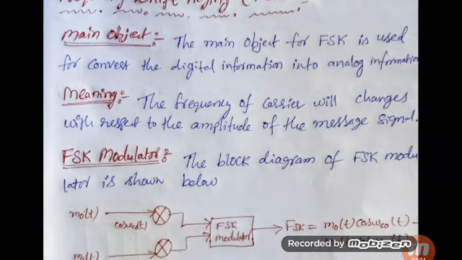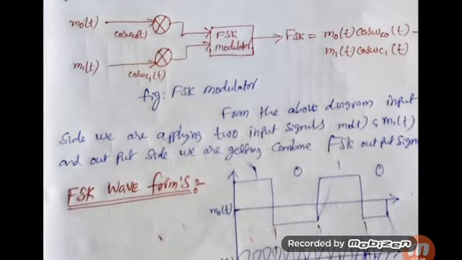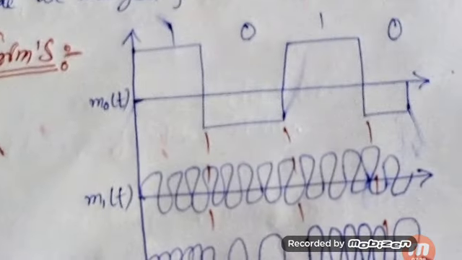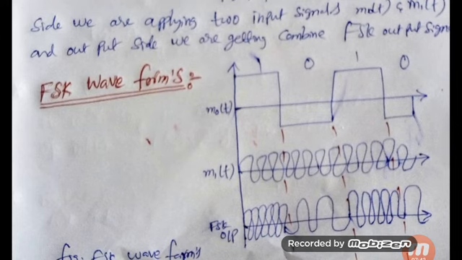Now we are once again seeing the main object. The main object of the FSK modulator is to convert digital information into the form of analog. Here we are clearly observing the main object of FSK.